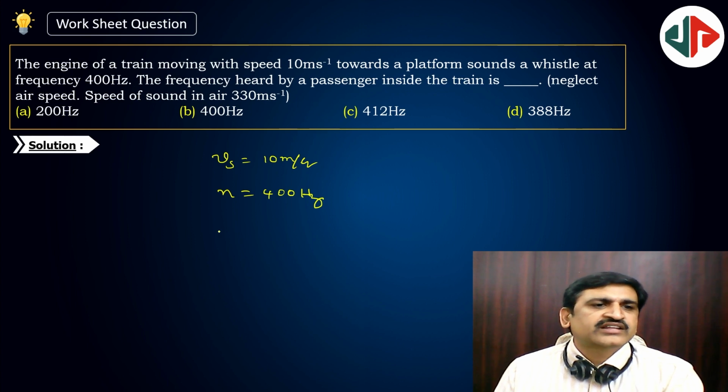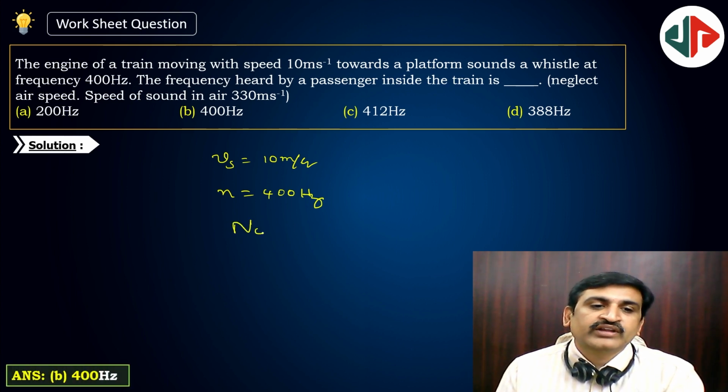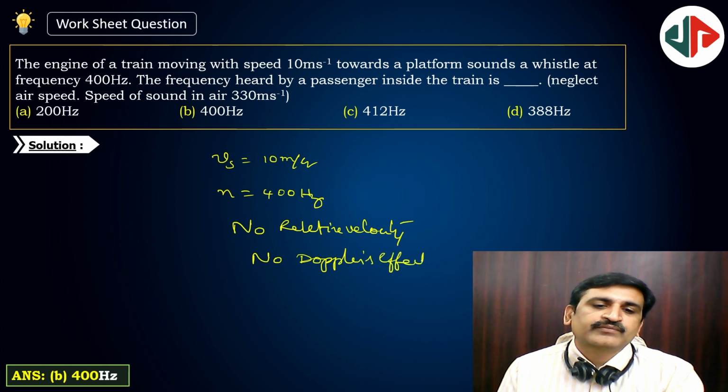Why inside the train passenger will have Doppler effect? Doppler effect will come with a relative velocity. There is no relative velocity here, so answer will be same. Train engine as well as the passenger moves with the same speed. So no Doppler effect.